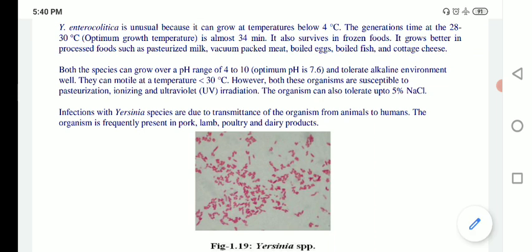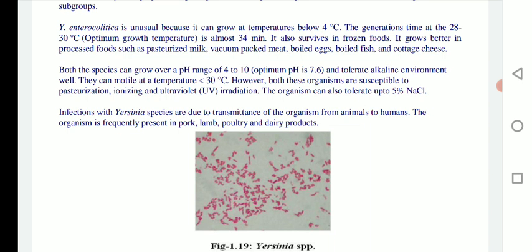So you can see that even at refrigeration temperature, this bacteria can easily grow. It may still be present in frozen foods, and the generation time at 28 to 33 degrees Celsius, which is the optimum growth temperature, is almost 34 minutes. It also survives in frozen foods, as I have told you before.